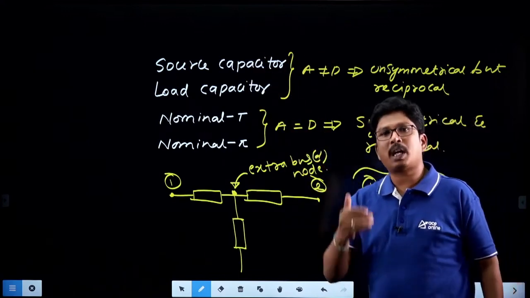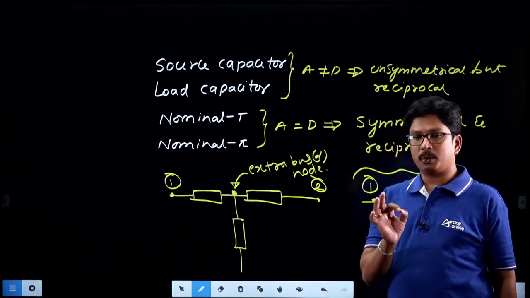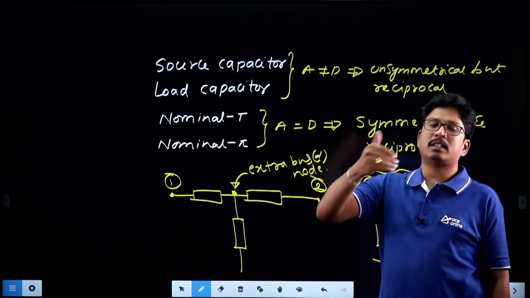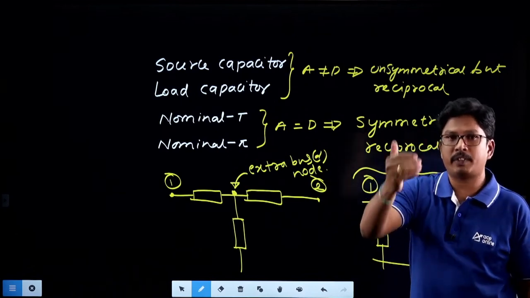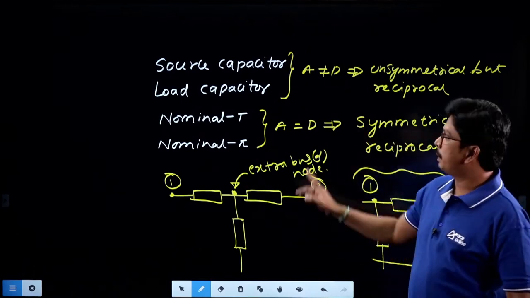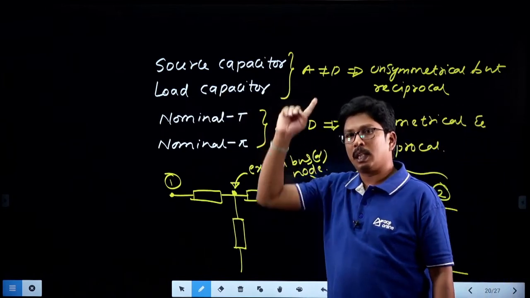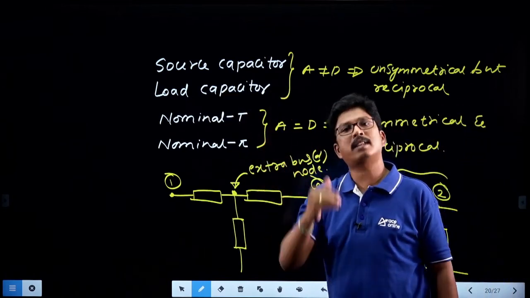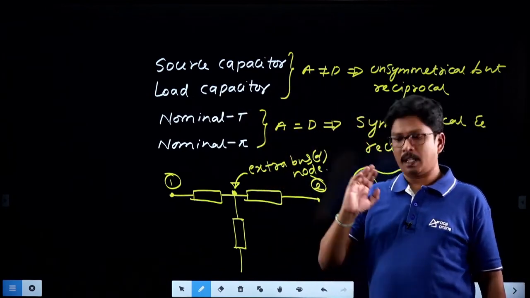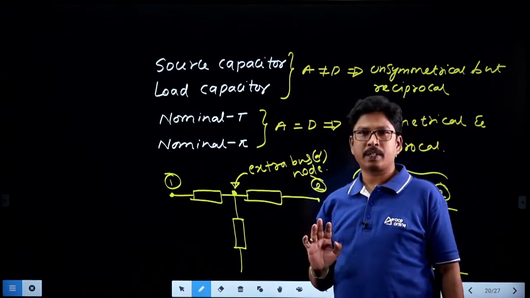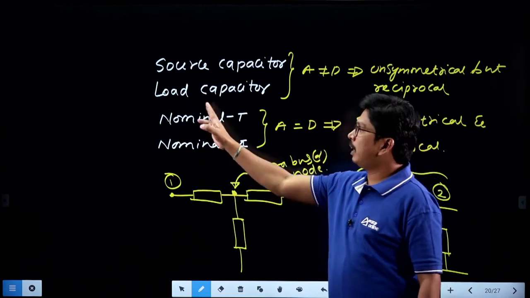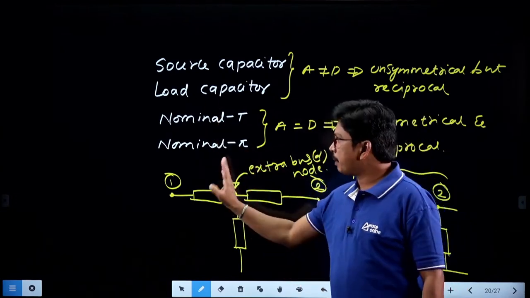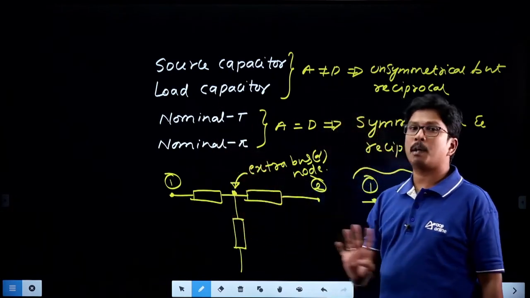So if you want to give compensation for the Ferranti effect, we have to check in which line we have the highest value of the Ferranti effect. That compensation should be given based on the load capacitor model. The load capacitor model will experience the highest value of the Ferranti effect, the highest receiving end voltage. That's why the Ferranti effect compensation should be given based on the load capacitor model, not based on nominal T or nominal pi.